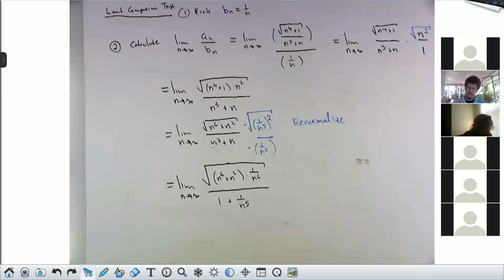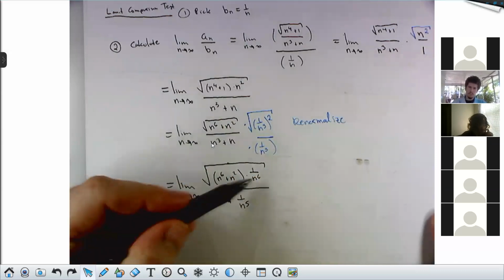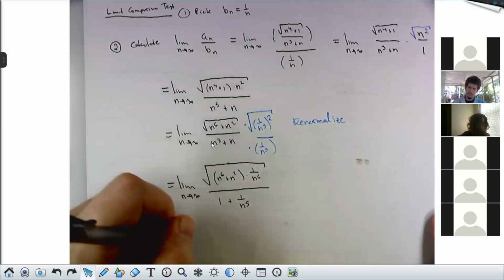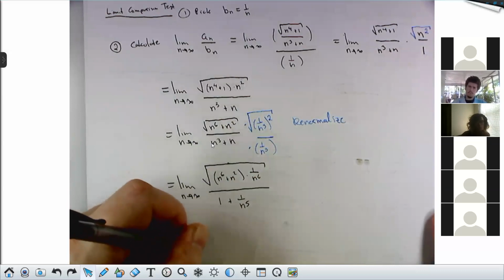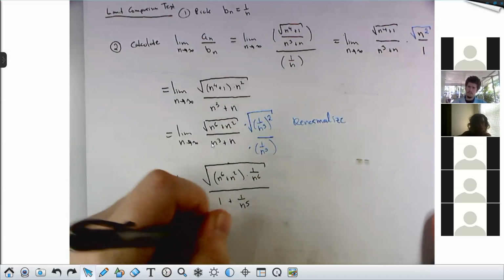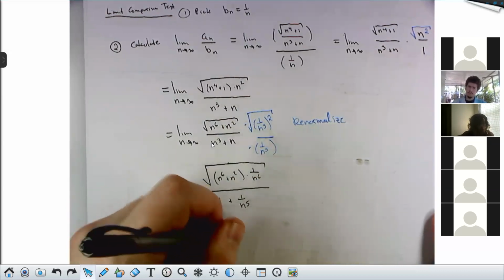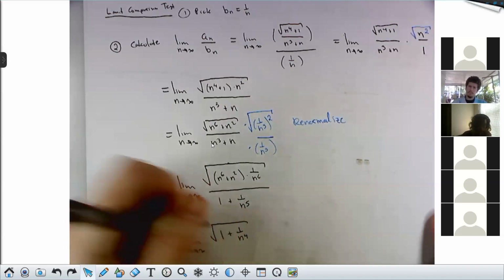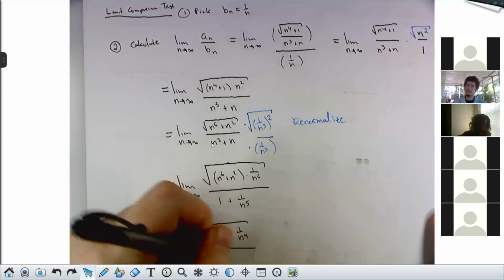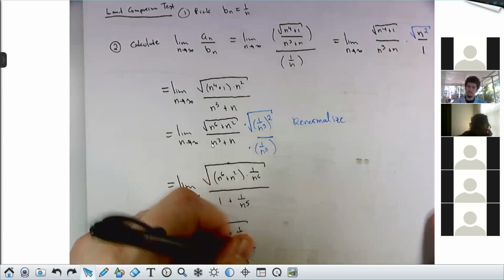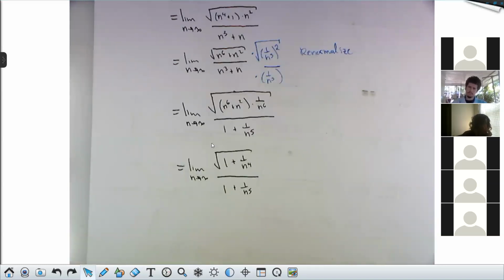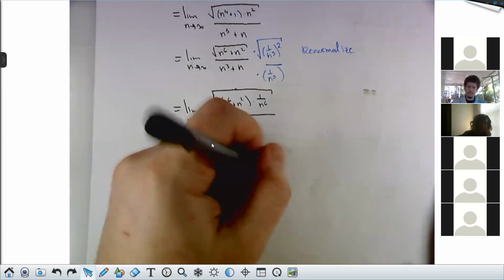Distributing the term downstairs here. Similarly, distributing upstairs, this becomes the square root of 1 plus 1 over n to the 4th. And now you can see that this limit is what?